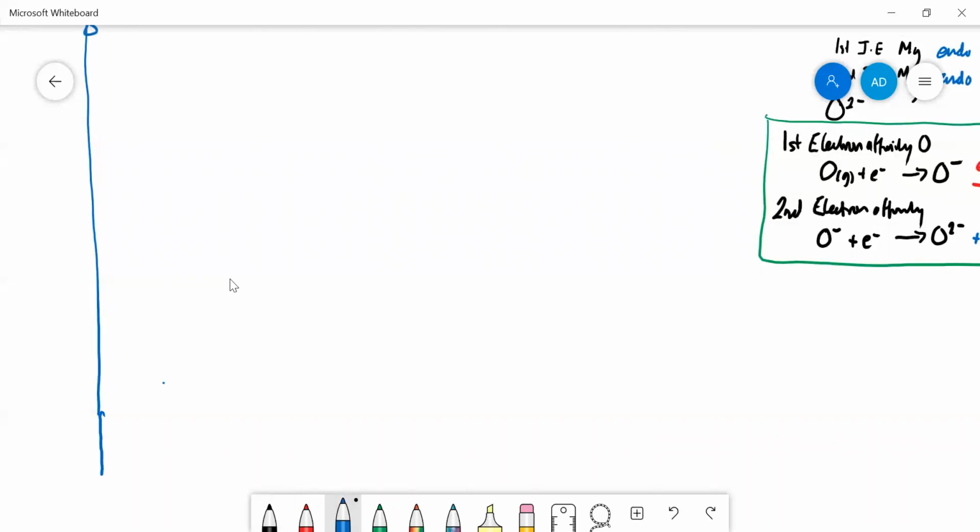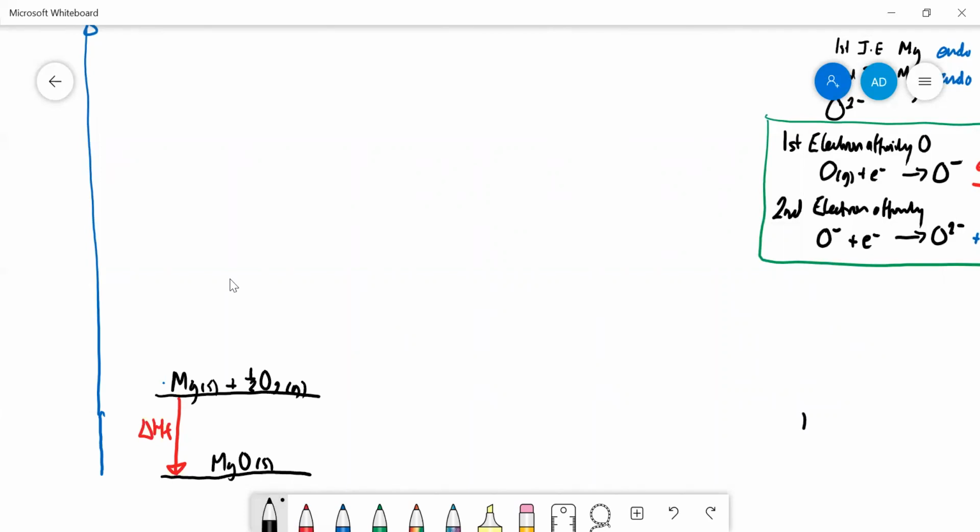So we have Mg solid plus a half O2 gas. We're going to form that into magnesium oxide, aren't we? So that's delta HF, that value there, and that's going to be MgO solid.